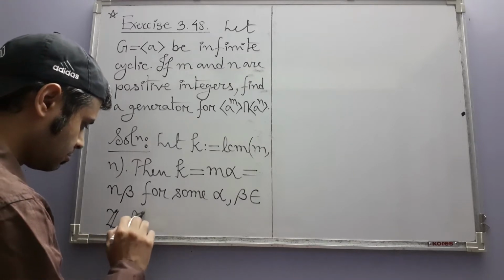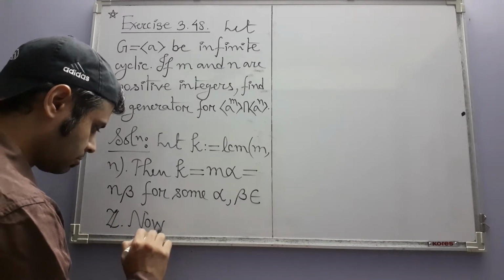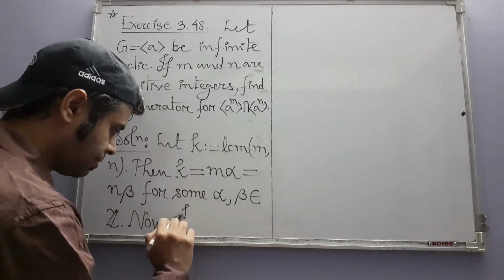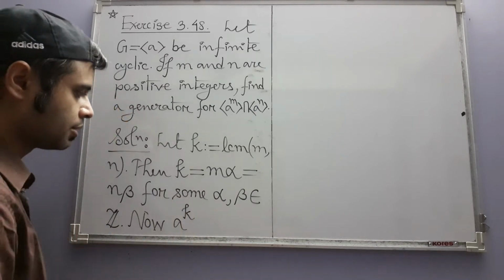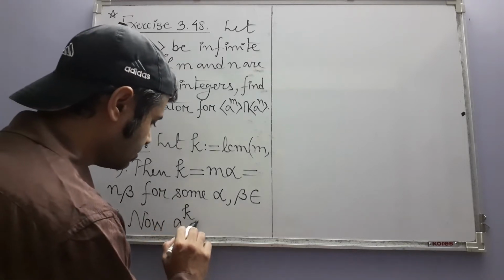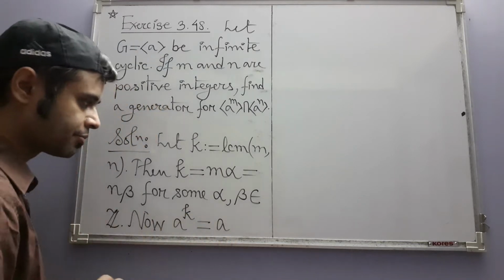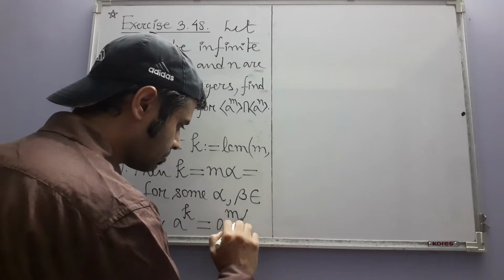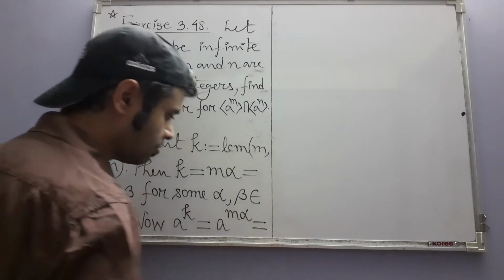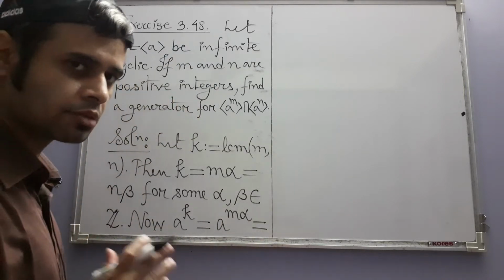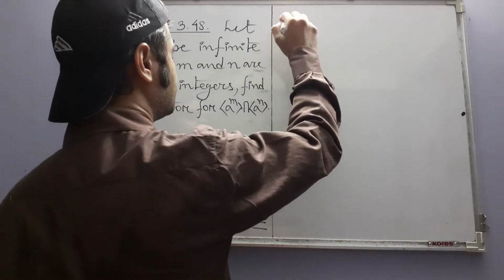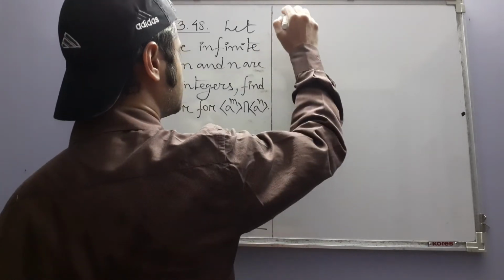Now, if we look at the kth power of A, then of course, in place of K, you can write M alpha, and that equals, by one of the rules of exponents, this.